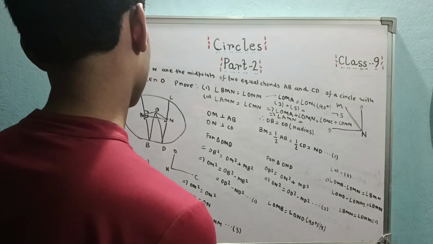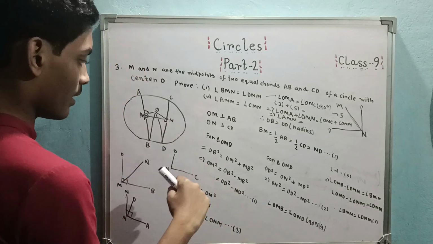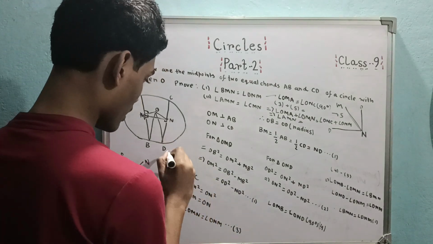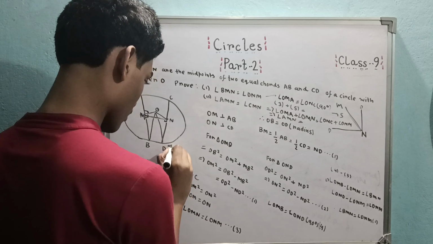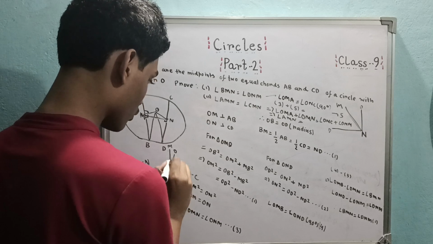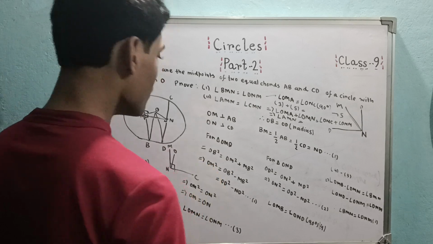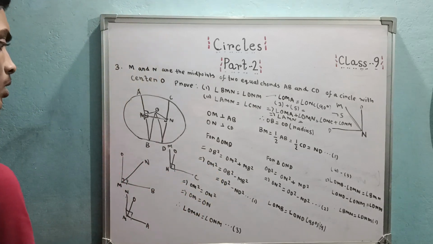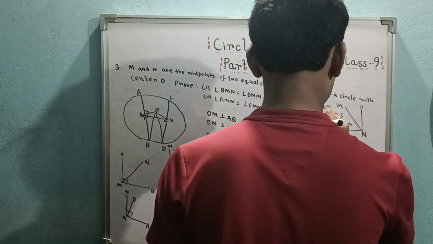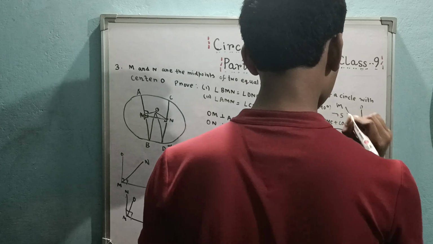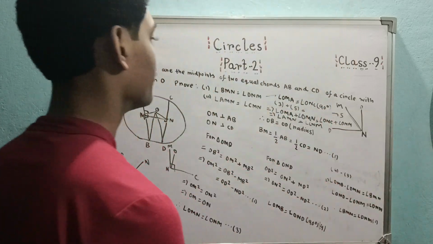So to this you add ONM. Suppose ON and here I add another segment M. And this total angle is what? CNM. So OMC plus ONM is CNM.